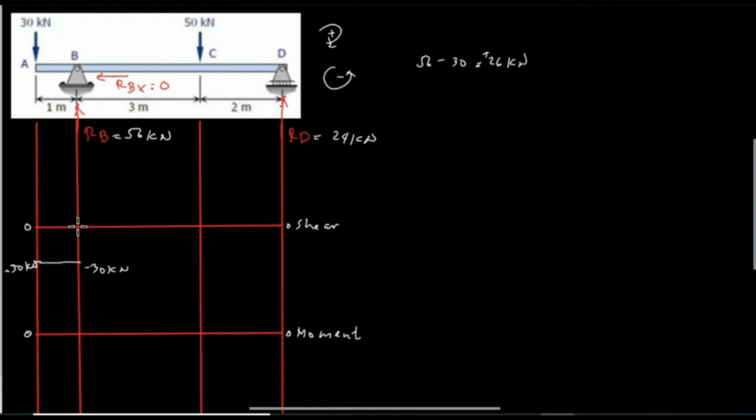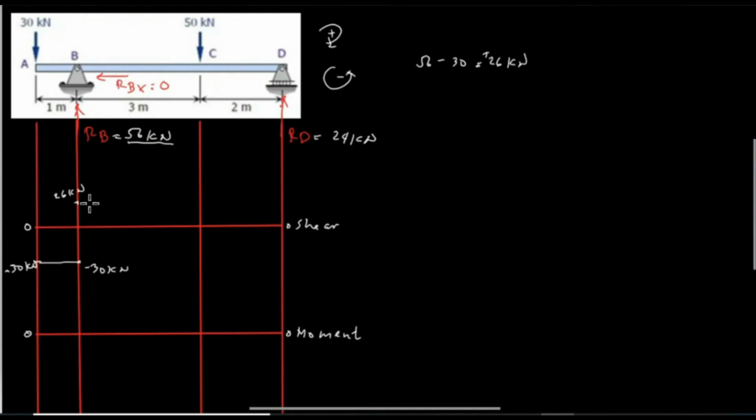So this is positive 26 kilonewton. From this point up to this point, it should be the value of reaction B, which is 56 kilonewton. So 30 plus 26 is also 56 kilonewton. Next, from B to C, we don't have a uniform load or any load.